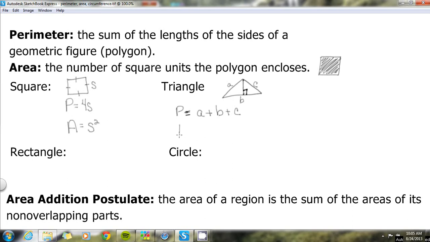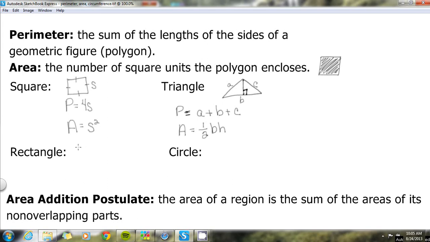So the area formula for the triangle is 1/2 times the base times the height. Now all you've got to do to find the base and the height is look for this right angle. One segment will be the base, one segment will be the height.